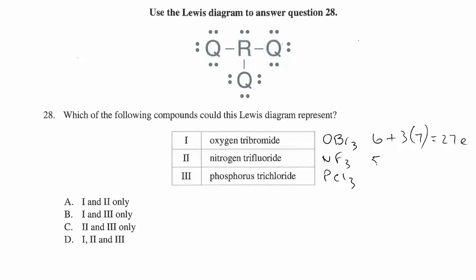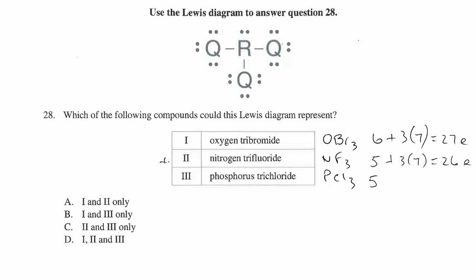And if we look at NF3, nitrogen is in group 15, so it has 5 valence electrons. And of course, fluorine still, surprise, surprise, has 7 electrons in its outer shell. You have 3 of them, so the total would be 21 plus 5 equals 26 electrons. And then phosphorus would also be in group 15. Now that's interesting.